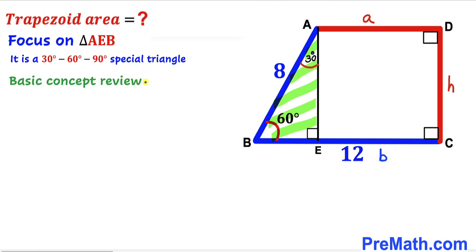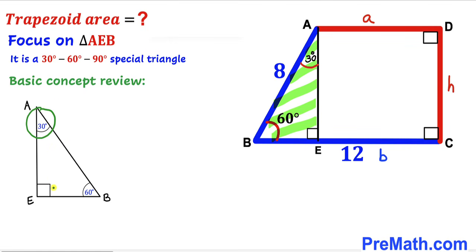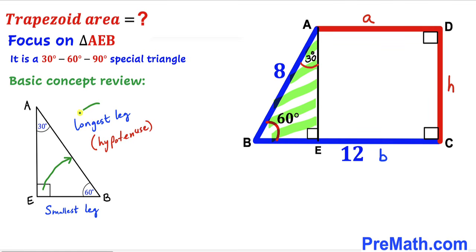Now I'm going to go over the basic review. Let's focus on this special 30-60-90 triangle. We can see this 30 degrees is our smallest angle, whereas 90 degrees is our largest angle. So the side opposite the smallest angle is the smallest leg, and the side opposite the largest angle is the longest leg, also called the hypotenuse.